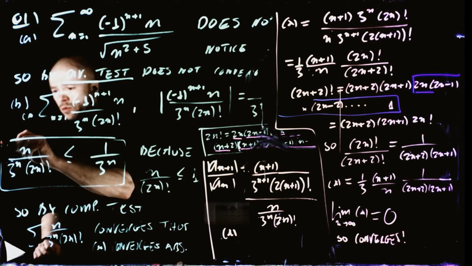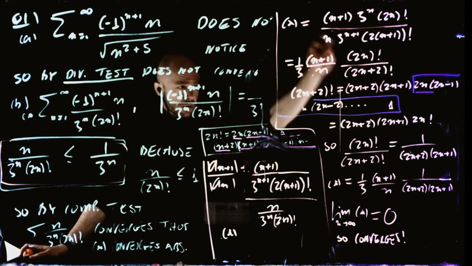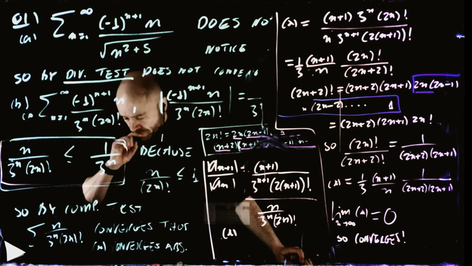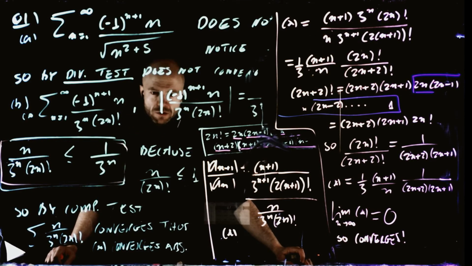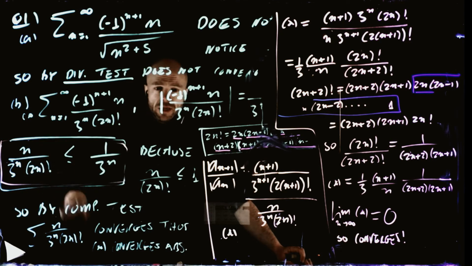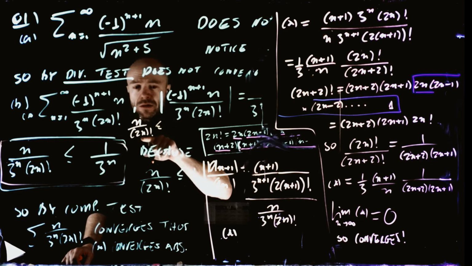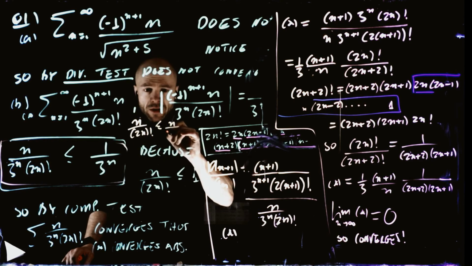But this was way less work, right? There's the potential to get something wrong here, make some algebraic mistake, get the wrong answer. In this case, there's almost no algebra. All we notice is that n over 2n factorial is less than 1. We could even do this: if we look at n over 2n factorial, then since 2n factorial is bigger than just 2n, it's less than n over 2n, right?